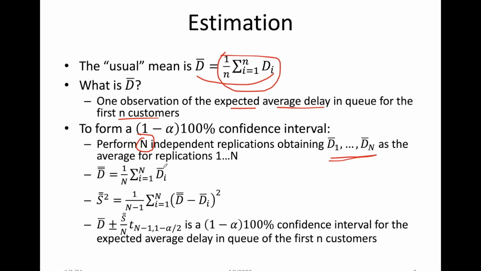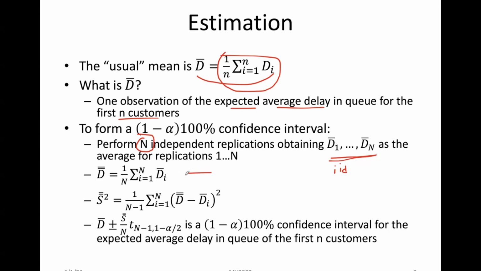Because these are independent replications, and each of these is being done under the same initial conditions, the same circumstances, we now have IID. These are now IID.